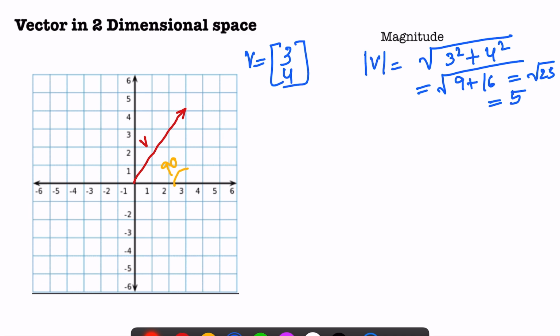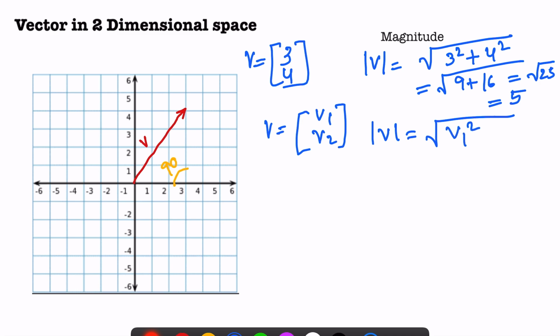Sometimes we call it the norm of v, or let's say we call it the magnitude or length of the vector. So in general, if one vector is (v1, v2), then mod of v will be the square root of v1 square plus v2 square.